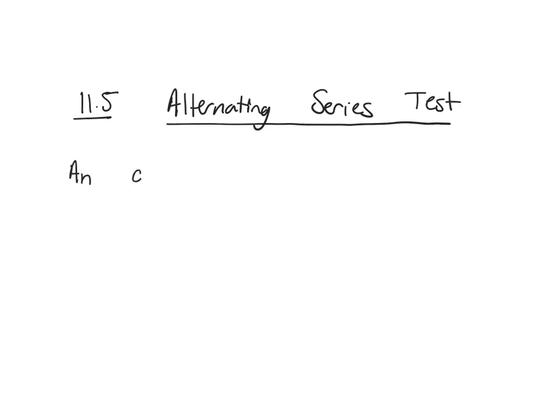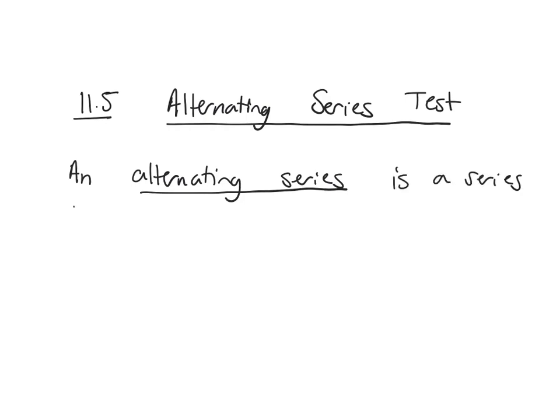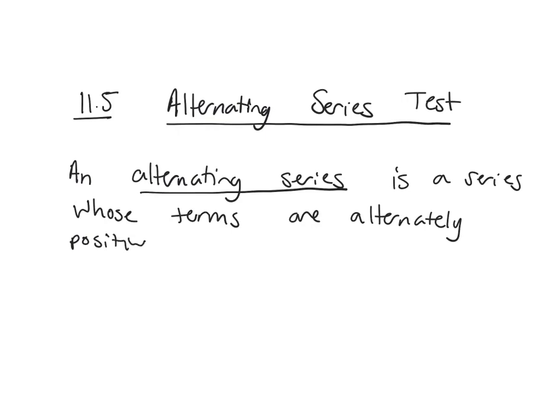So an alternating series is a series whose terms are alternately positive and negative. Okay, so it flip-flops back and forth between positive and negative.